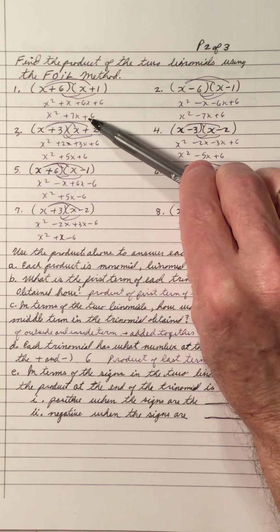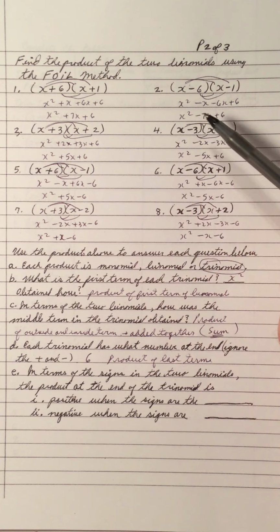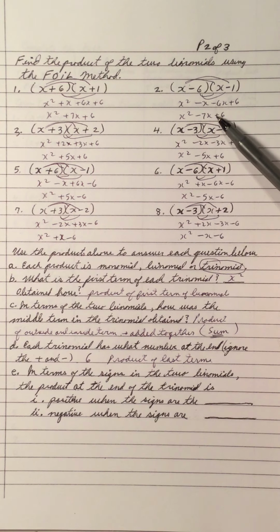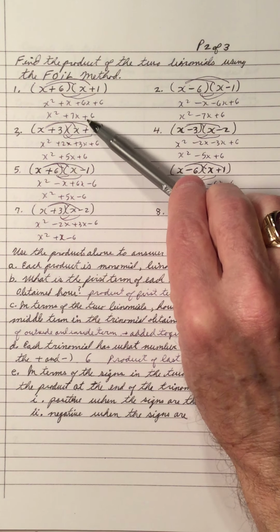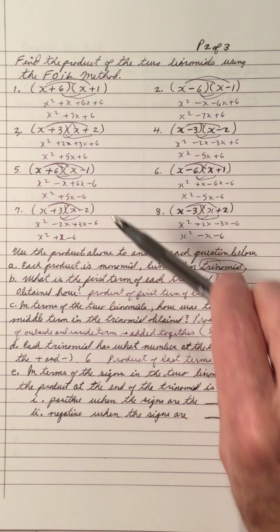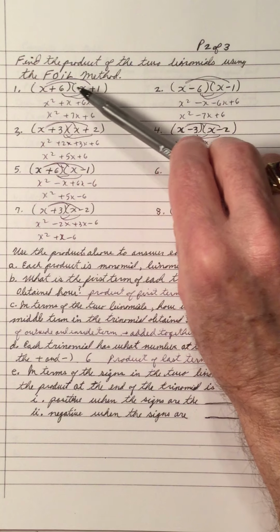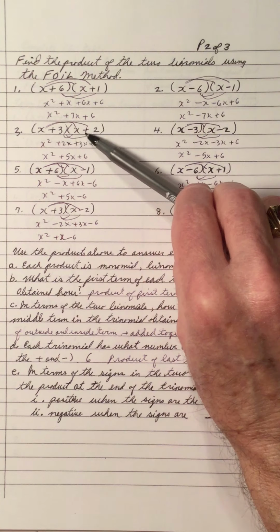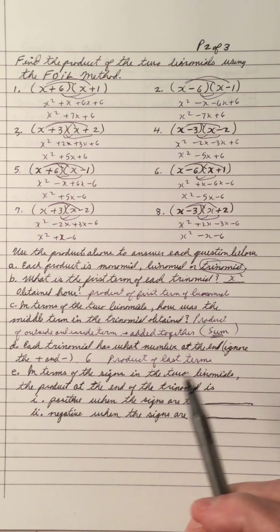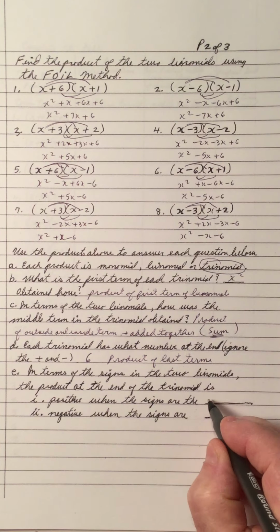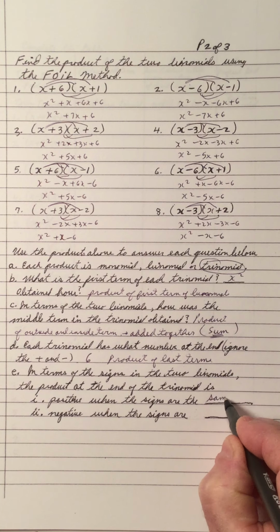When is this a plus? That's a plus 6, plus 6, plus 6, plus 6. So this product at the end was obtained when the signs are plus plus, minus minus, plus plus, minus minus. So that product of plus 6 is at the end when the signs are the same.